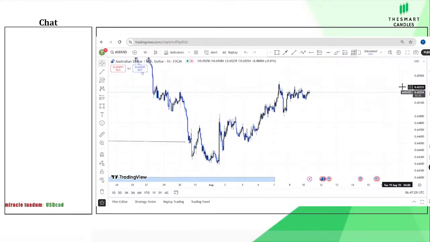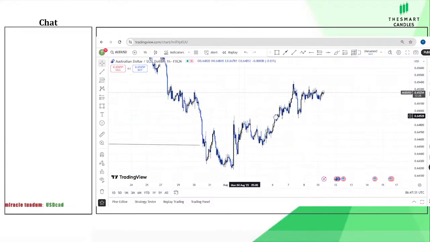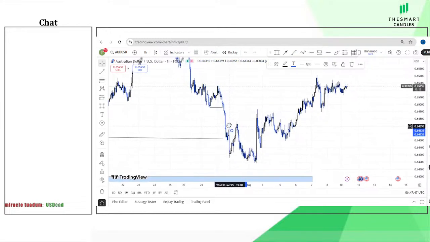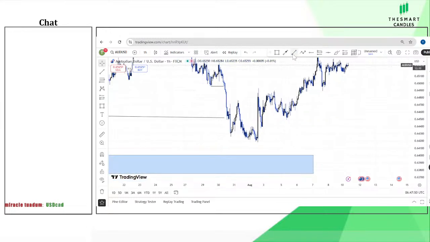But the price looks very, very bullish. So on 1 hour price action, we had this break before the strong momentum to the downside. We have this, and we have this large sweep at this point.